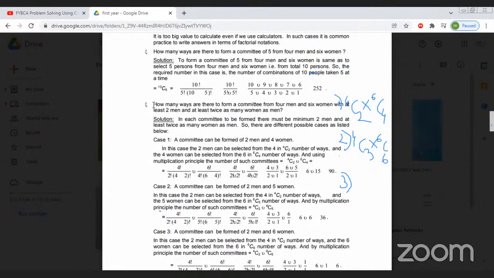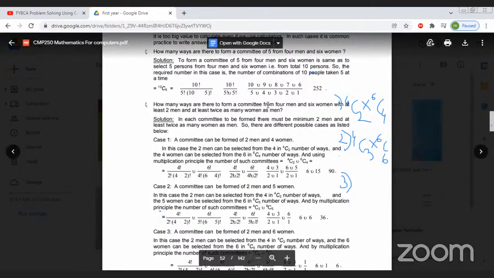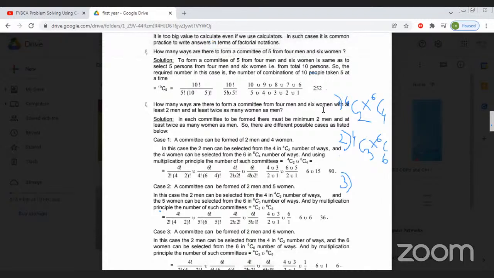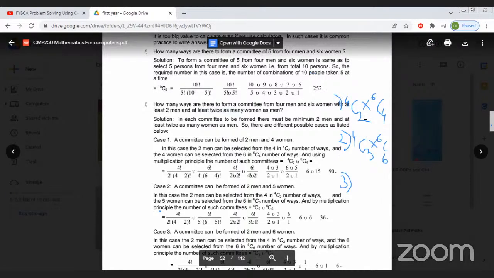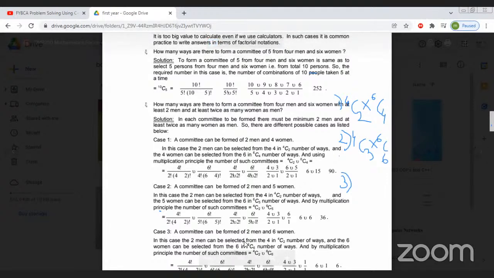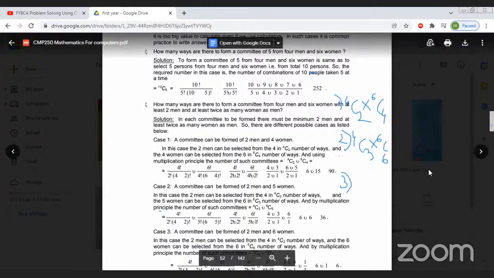How many ways are there to form a committee from 4 men and 6 women? At least 2 men we have taken, na? For this condition, we have done at least twice as many as men. So we need to start from 4, but still 5 is also remaining, right? They are saying twice as many.